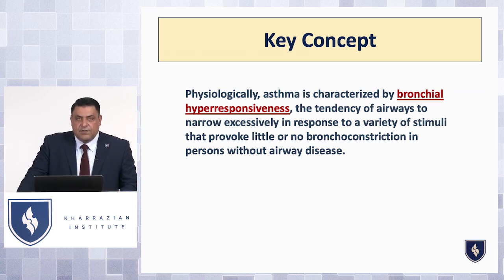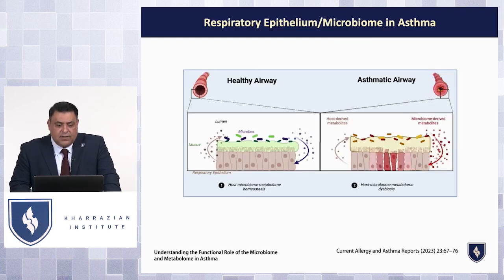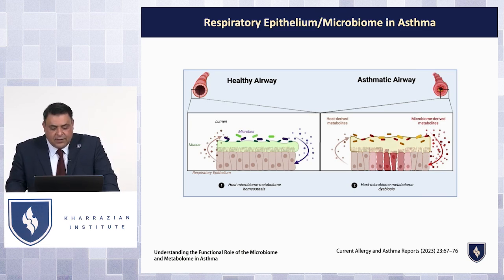Key concept. Physiologically, asthma is characterized by bronchial mucosal hyperresponsiveness, the tendency of airways to narrow excessively in response to a variety of stimuli that provoke little or no bronchoconstriction in a person without airway disease. So it's very clear that when they look at the epithelium or the microbiome of the upper respiratory tract in people that have asthma, it is different than in a healthy population.